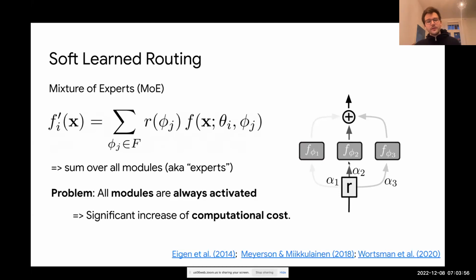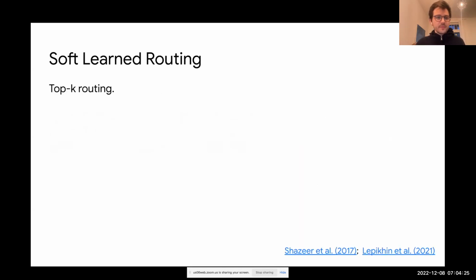This significantly increases the computational cost, because, as in the hard-learned routing or fixed routing scenario, where we made the decision for only a subset of modules, now we actually have to pass through all modules and weight the representations accordingly, and that's very computationally expensive.